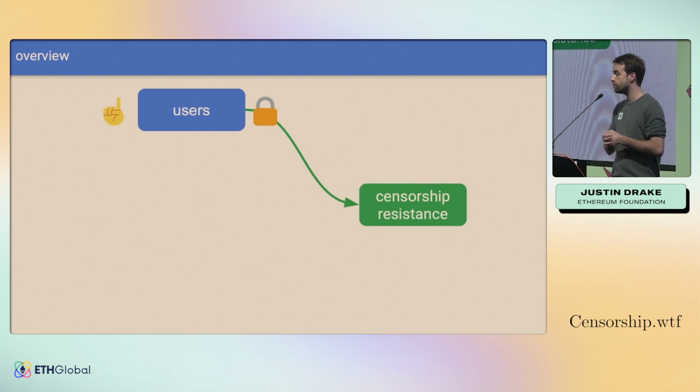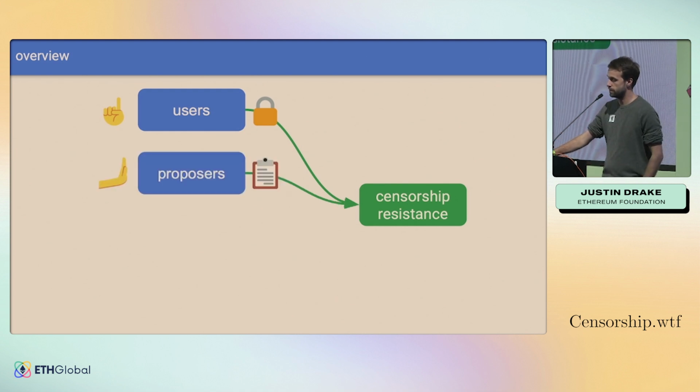So let's start with users. Users with encrypted mempools will have the option to encrypt their transactions and basically say, no, no, no, you can't see the content of my transactions, and that's going to be very helpful for censorship resistance. We're going to have proposers who now, with inclusion lists, are going to be empowered to force include transactions on-chain, again helping with censorship resistance.